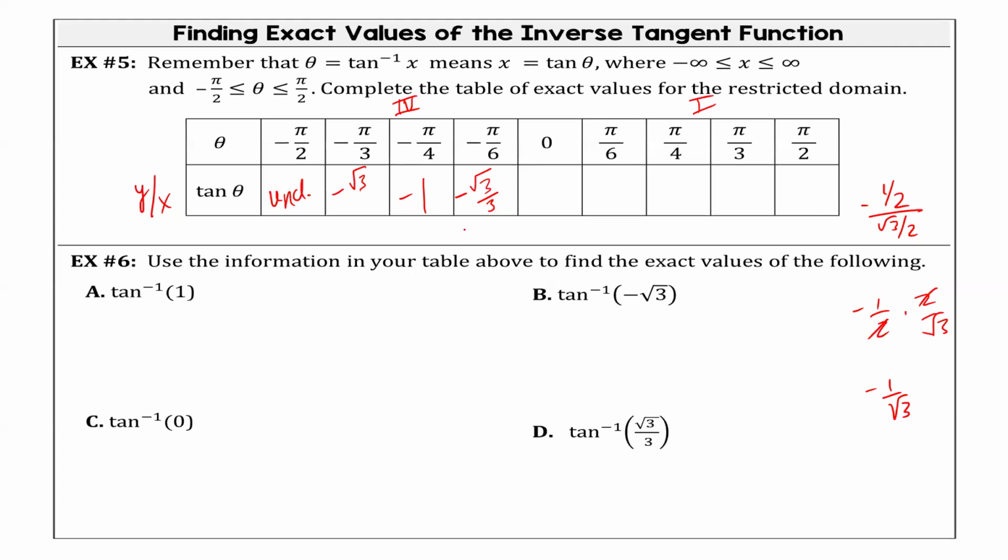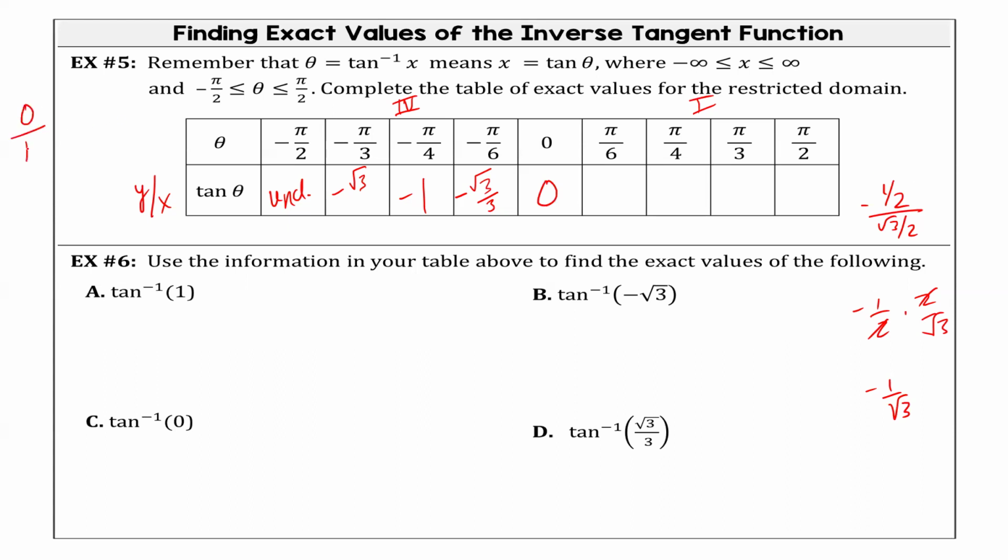Exactly. It's negative because in quadrant 4, the only things that are positive are cosine and its reciprocal. All right, 0.